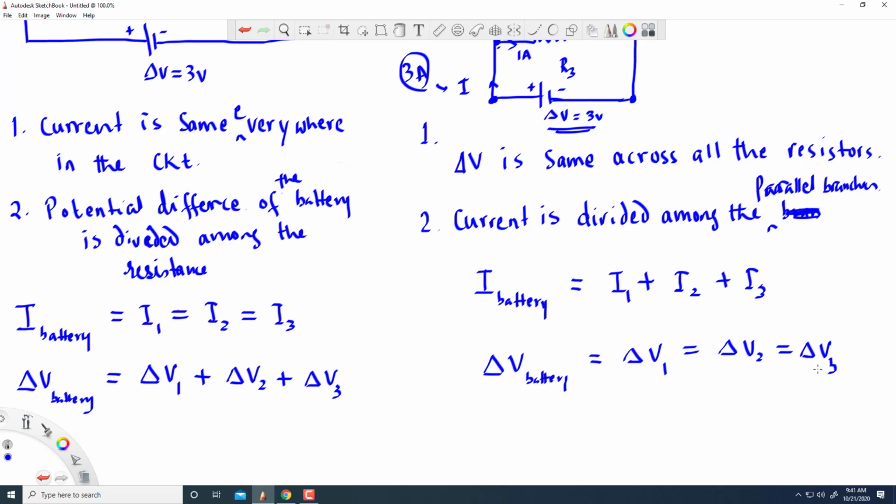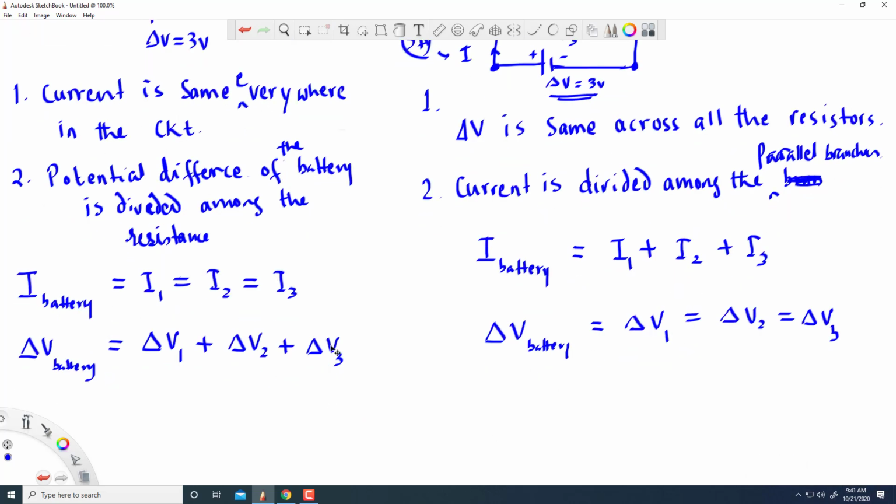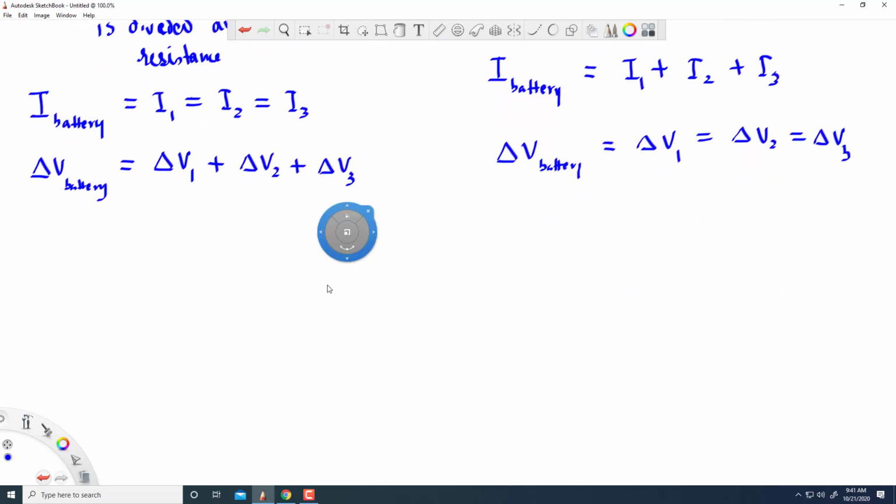Knowing that, you can now solve lots of problems. So, let us look at a problem. Let us consider we have a circuit like this.